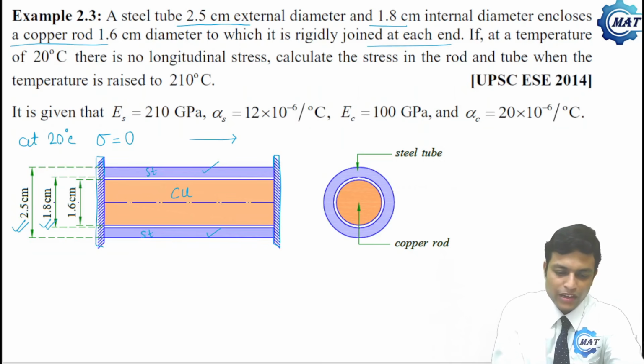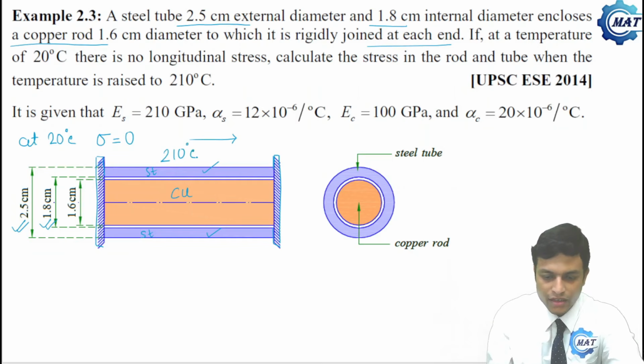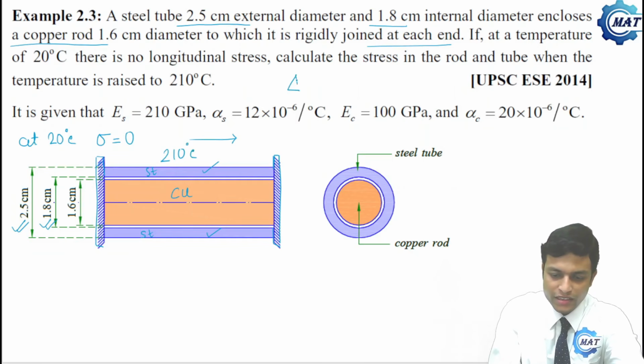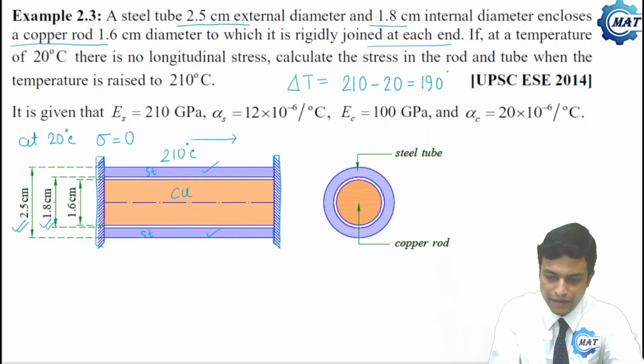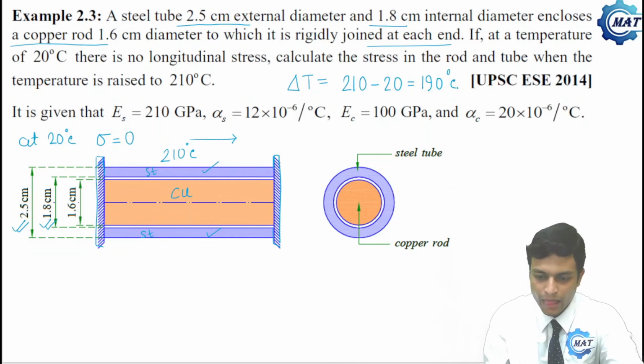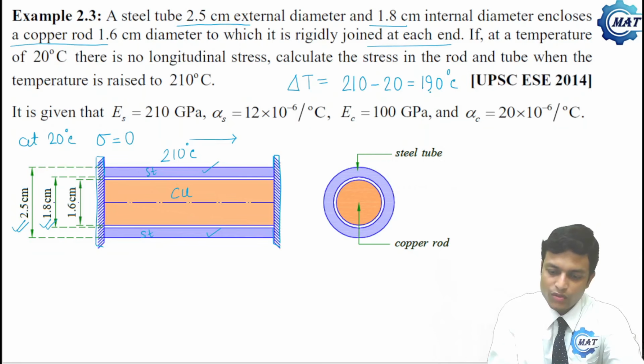Now initial temperature was 20 degrees Celsius, and now the temperature is raised to 210 degrees Celsius. So what is the temperature rise? That is 210 minus 20, which is 190 degrees Celsius. So the temperature rise delta T is 190 degrees Celsius.